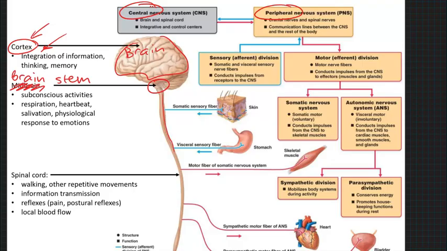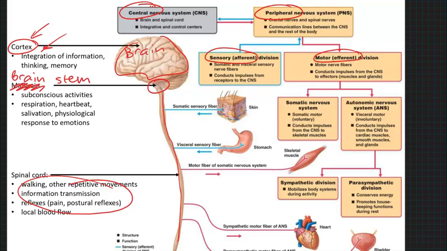And then we have the spinal cord. It's the place for transmitting information, okay, and for a bunch of repetitive movements and reflexes. So far, does that sound good? Now, the peripheral nervous system can be divided into sensory and motor.